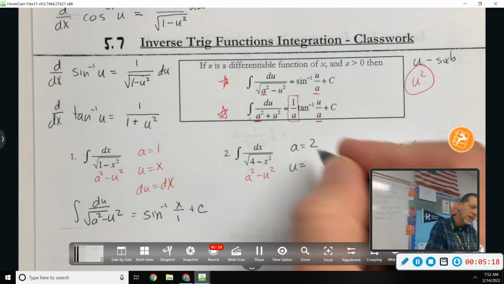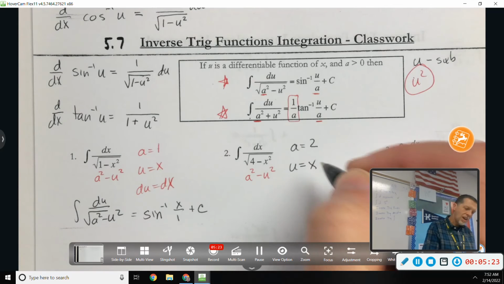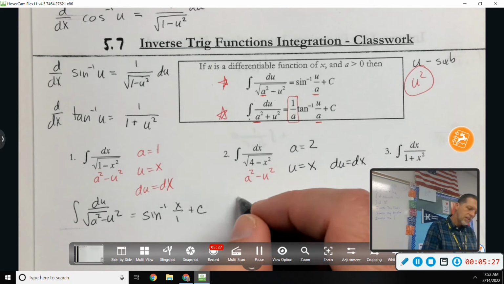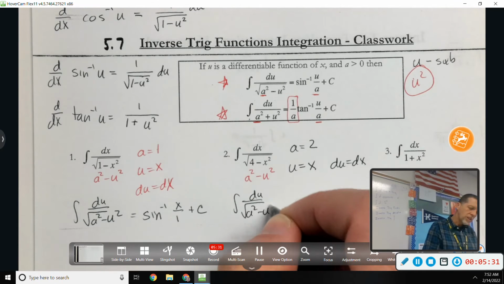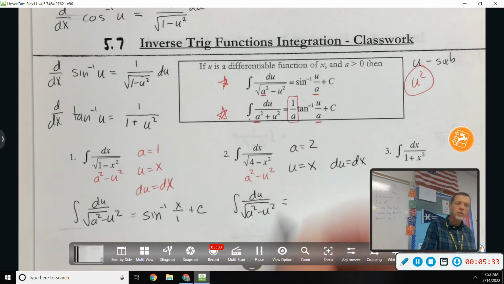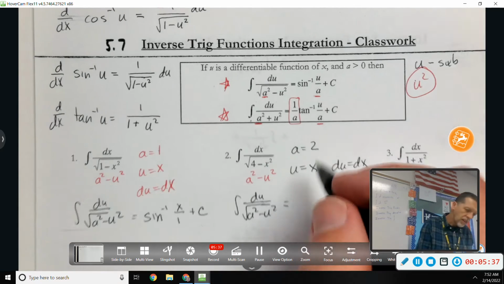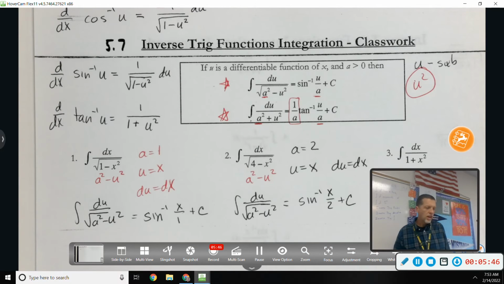What would u be? x. And then du is just dx. So here's another one that was pretty straightforward to make things match up for a and u. So inverse sine of u over a, x over 2, plus c.